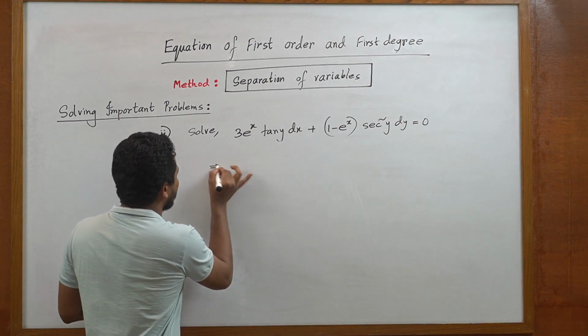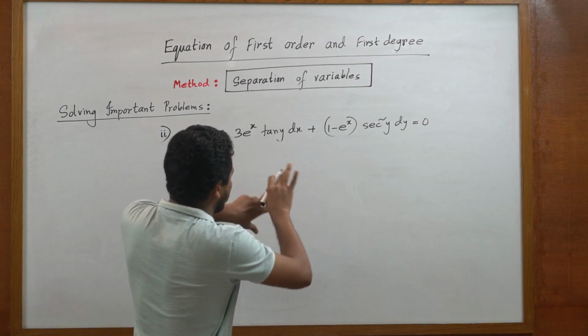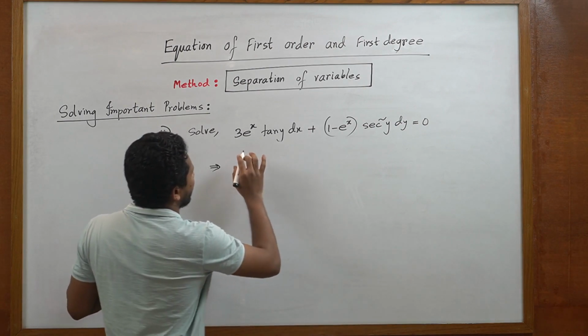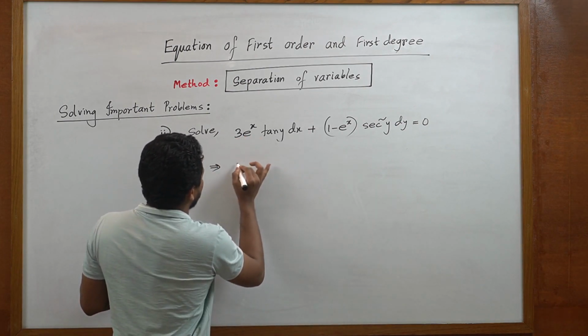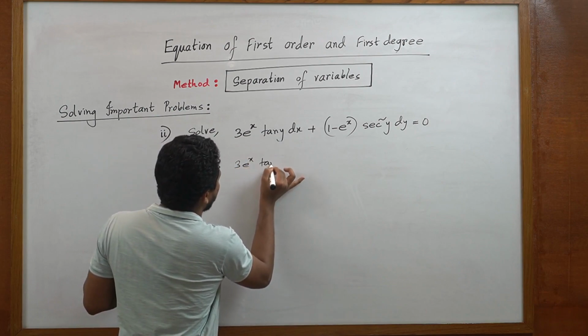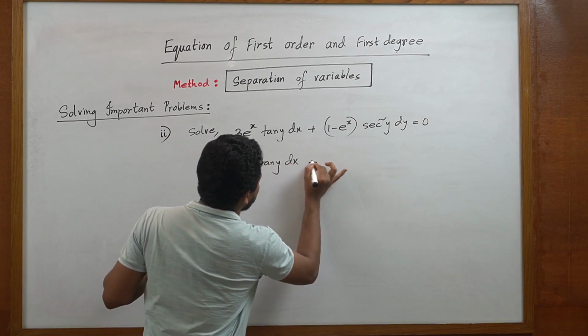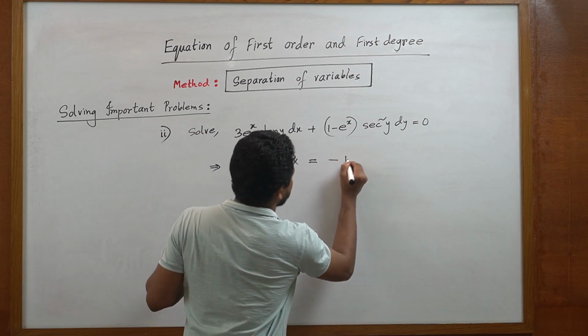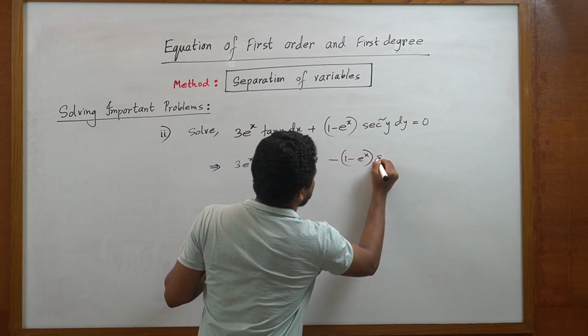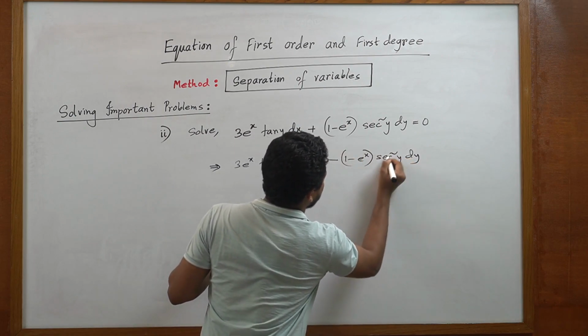Now we will separate x and y functions. 3 e to the power x tan y dx equals minus 1 minus e to the power x sec square y dy.